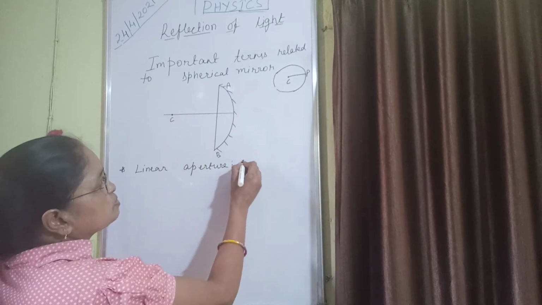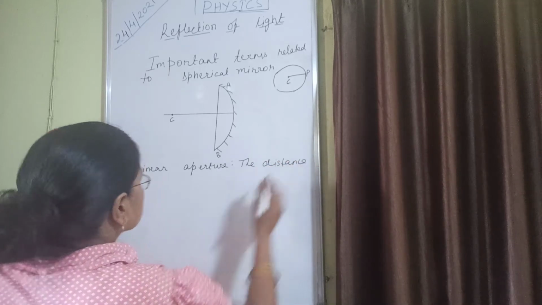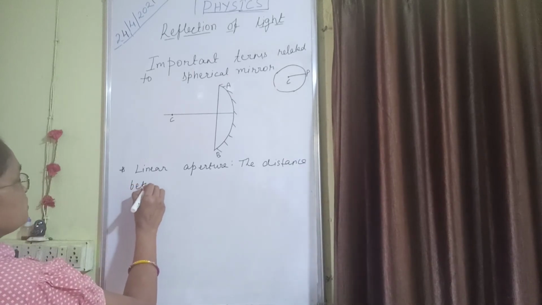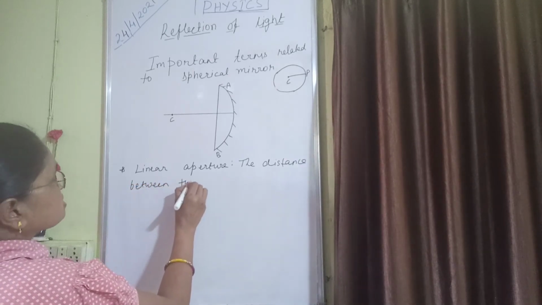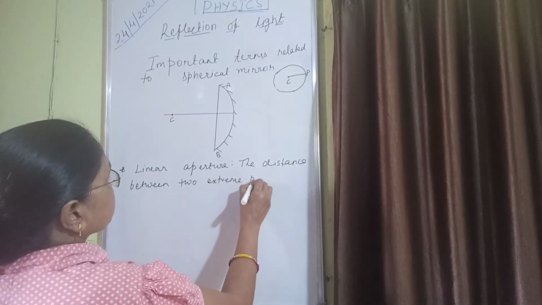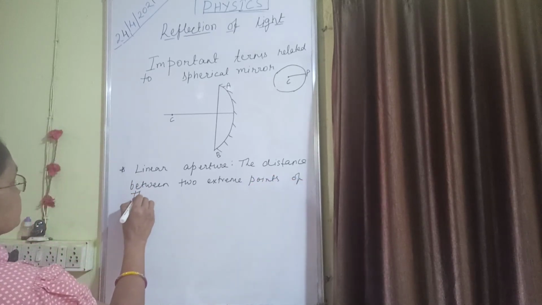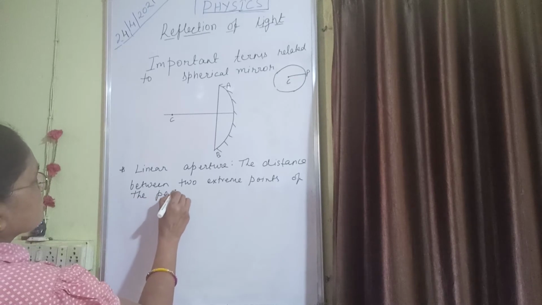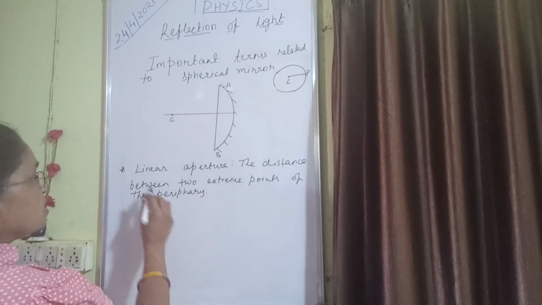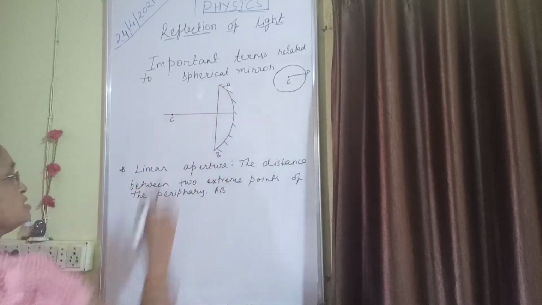So similarly, we will write the distance between two extreme points of the periphery is known as linear aperture, यानी कि AB, the distance.